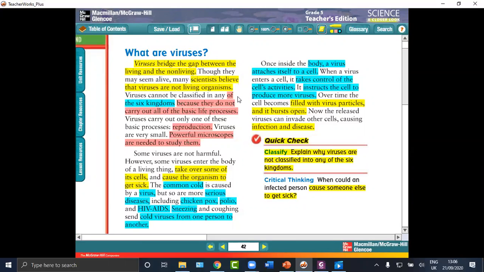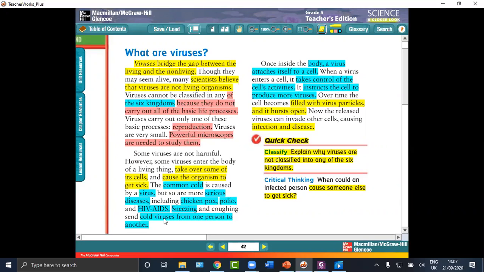The scientists did not classify the virus in any of the 6 kingdoms. The reason: they don't carry out all the basic life processes. Only reproduction. Now, when the virus enters the cell, it controls the cell activities and causes serious diseases.